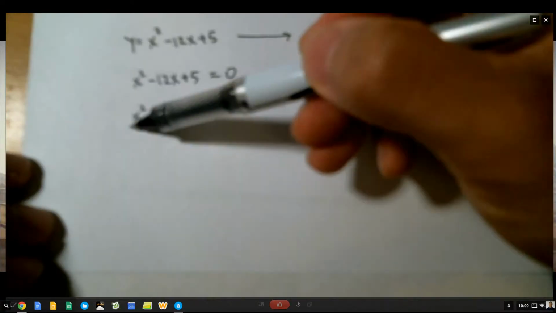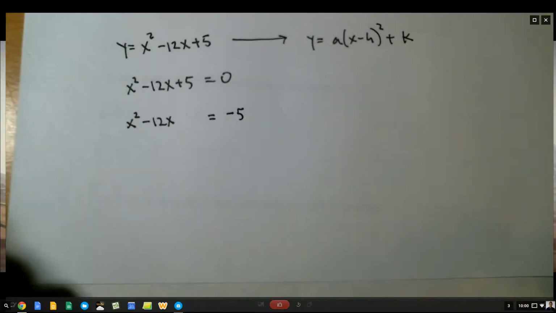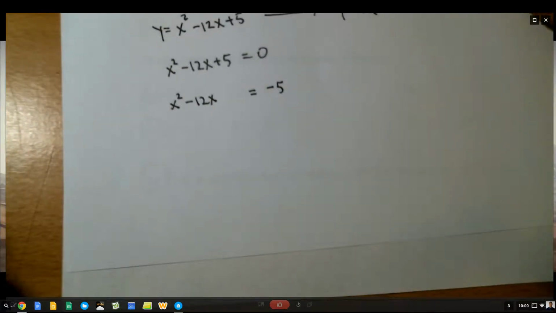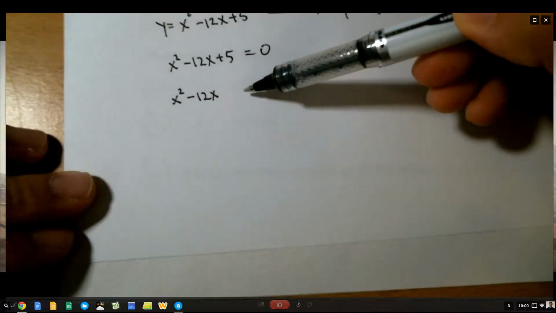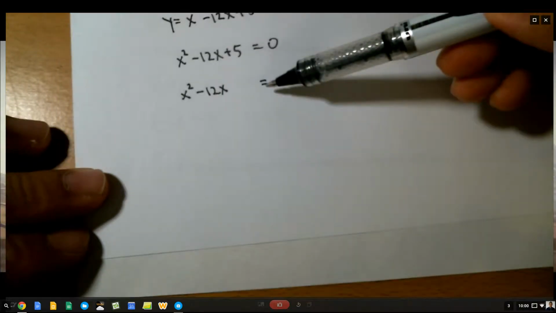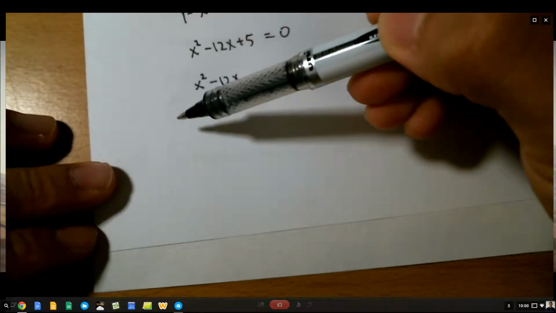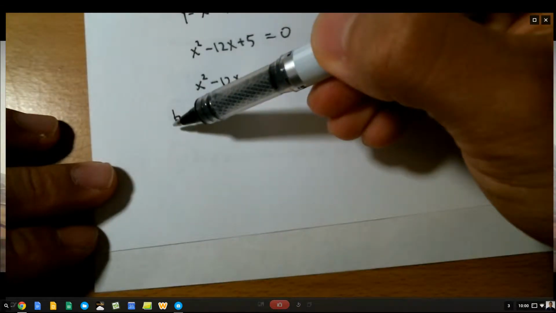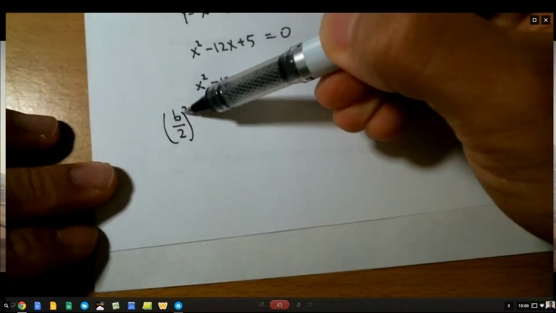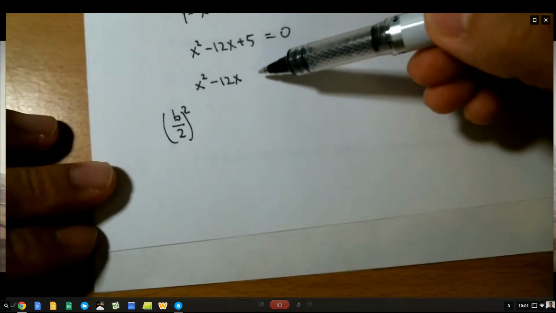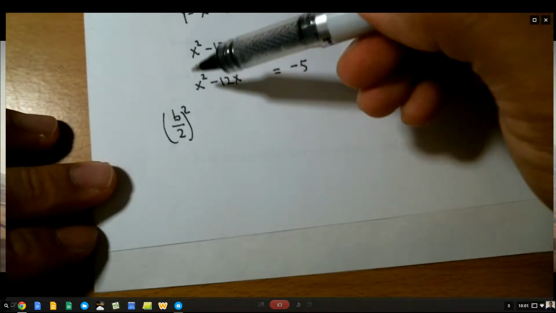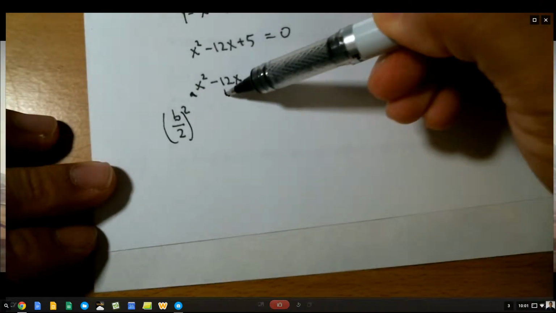Now our job is to complete the square for the left part of the equation. How do we do that? Well, we have to find out what to put in the space so that we can factor it into a complete square. And remember, how do we figure that out? It's always b divided by 2 squared. That is what we put into here. What is the b value? Remember, this is my a value, b value.